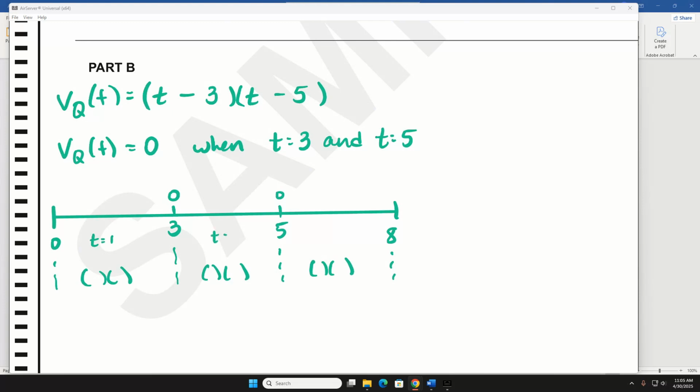But we can test any point in between these intervals. And we really just want to know if, when we plug it into these parentheses, we get a positive or a negative. So when I put in 1, I'm going to get a negative times a negative, which is a positive. When I put in 4, I'm going to get a positive times a negative, which is a negative. And then 6 is going to be a positive times a positive, which is a positive.